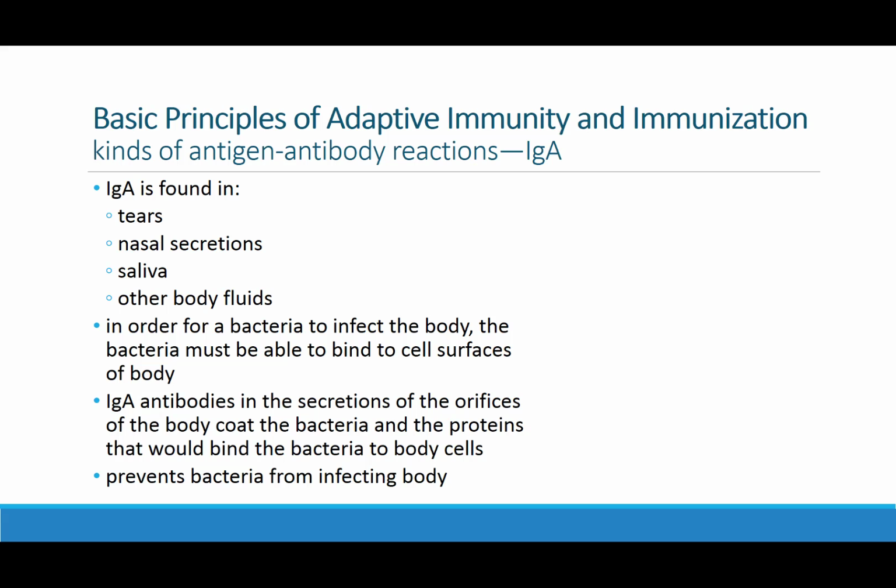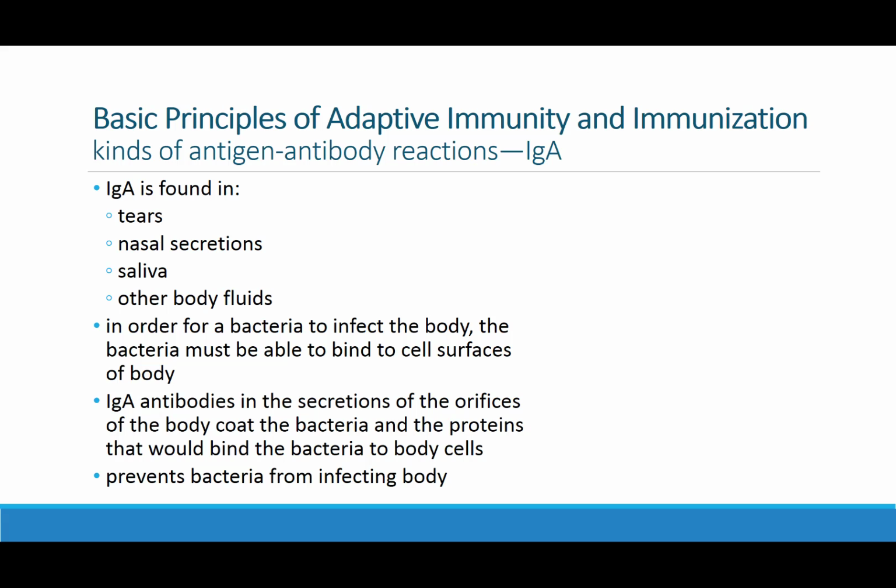The antibodies themselves are found in different locations. IgA is found in tears, in secretions produced in the nasal passages, in saliva, and in other body fluids, helping to protect the orifices, the openings into the body.